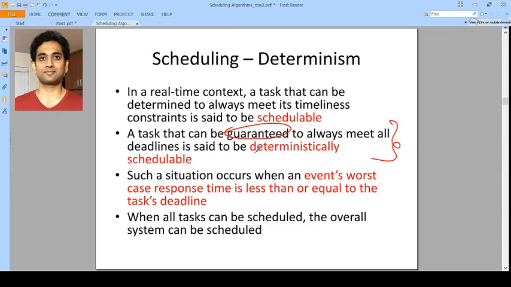Now, such a deterministically schedulable task occurs when the event's worst case response time is less than or equal to the task's deadline.